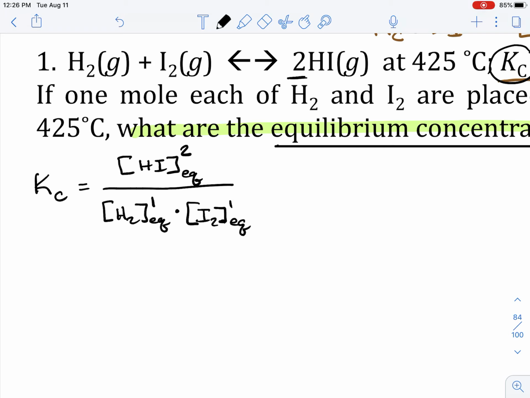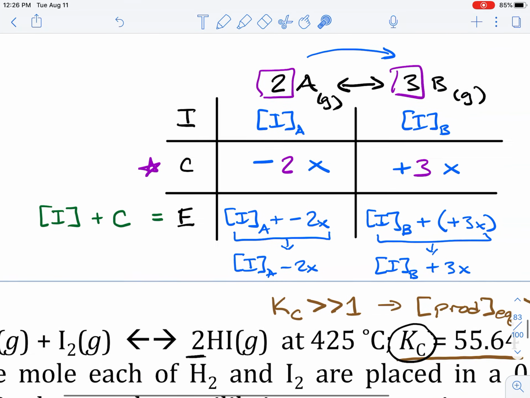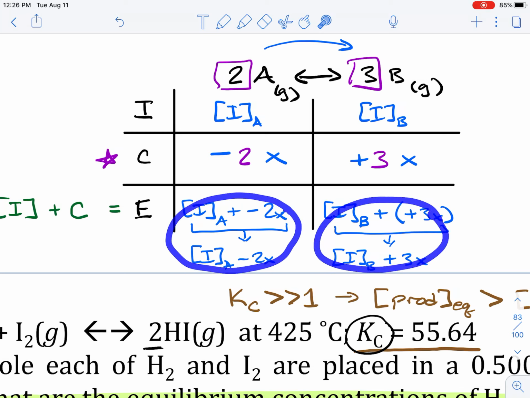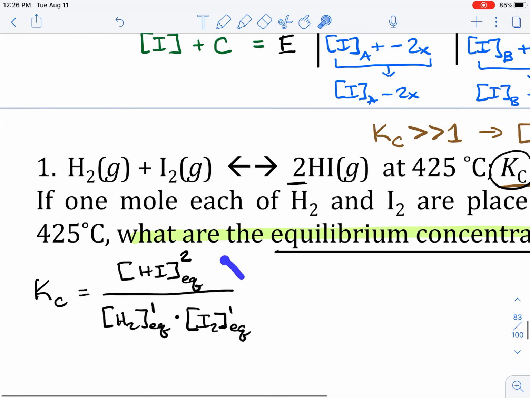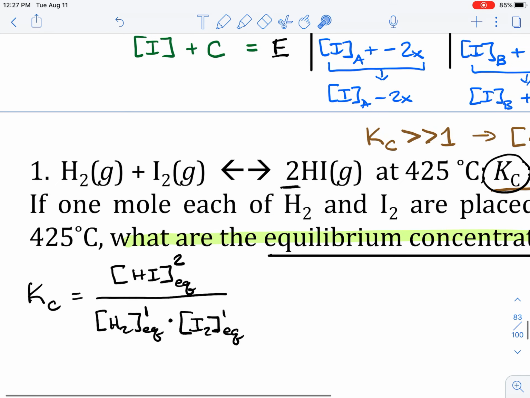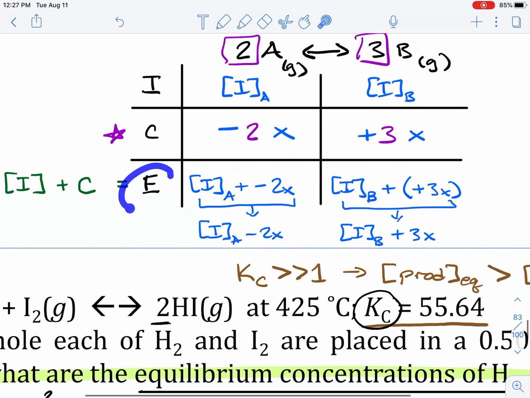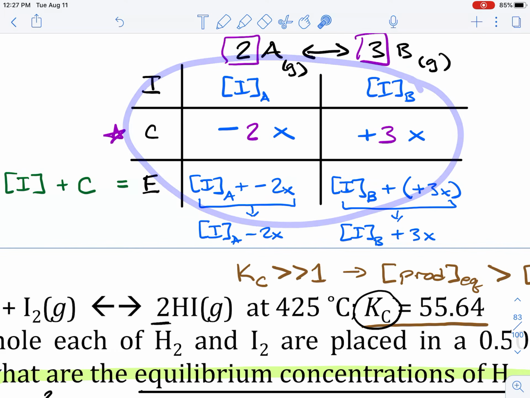And so to determine the equilibrium concentration, I need to go ahead and build an ice table, because once I have a mathematical expression for the concentrations of each of the substances at equilibrium, then I can go ahead and plug it into this mass action expression and continue to solve the problem. Okay? And so I need you guys to make those links. So here we have equilibrium concentration, and this is also describing the equilibrium concentration. So that means that I need to build an ice table.